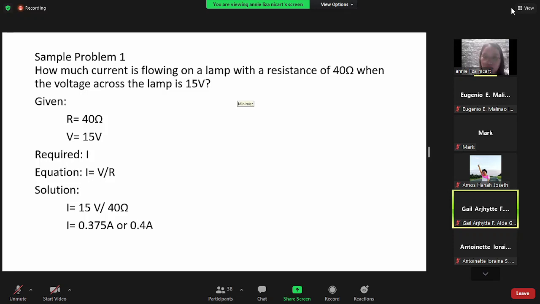Okay, so we can identify them through the unit symbol.